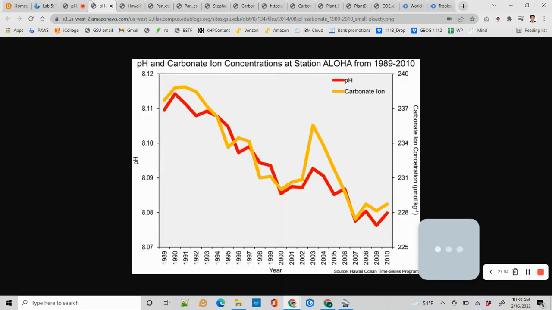But if you look at the final one in 2010, that is still 8.08. So although the pH is getting reduced, going towards the acidic portion, it's very far from being acidic, right? It is still alkaline. There's no way you can say that ocean water is getting acidic.